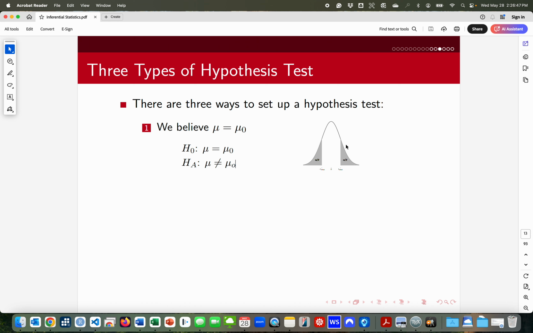These shaded regions right here are what we call rejection regions, and this is the t-distribution. So that t-distribution that we talked about for confidence intervals, we're going to use that again. If you claim that mu is equal to some value, I can reject that claim if what I observe is sufficiently greater than what you claim or sufficiently less than what you claim. So that's what these rejection regions are.